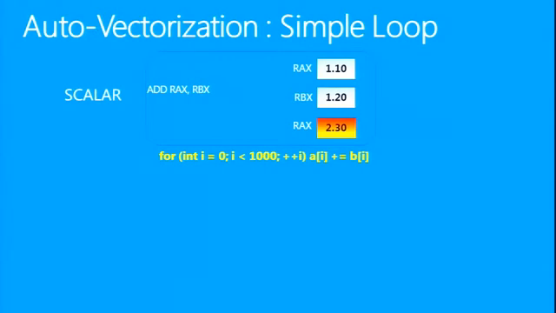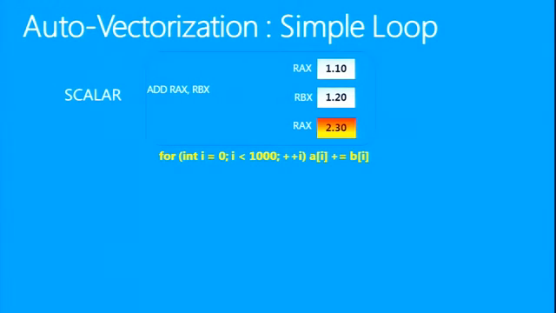That would be loaded into one scalar register. Then we'd load the value of B of 0 into another scalar register. Let's assume it had the value 1.2. We'd then add these two together, obtaining the value 2.3 and returning that into the original register. That would be the result that we store back into A of 0.